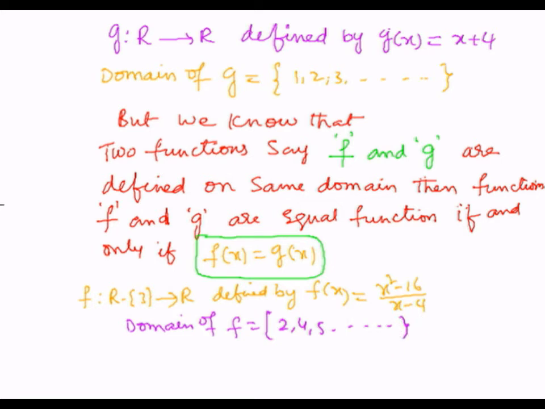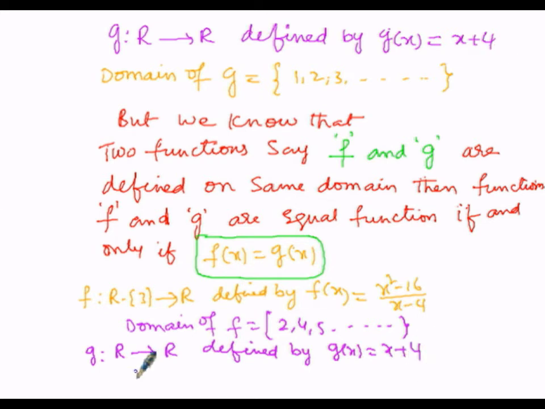And at the same time, the next function is g, real to real, defined by g of x equals x plus 4.